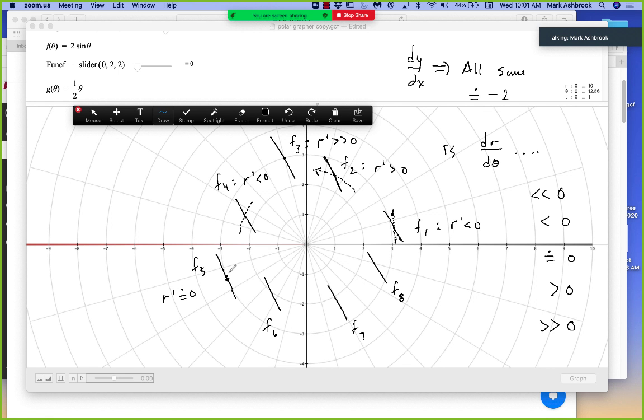As we turn counterclockwise this way, R is staying the same through there. So it might be a little negative here, a little negative on this side, positive on this side, but at kind of the middle, there's a place there where it's 0. The rate of change is 0. How about F6? Positive. F7.